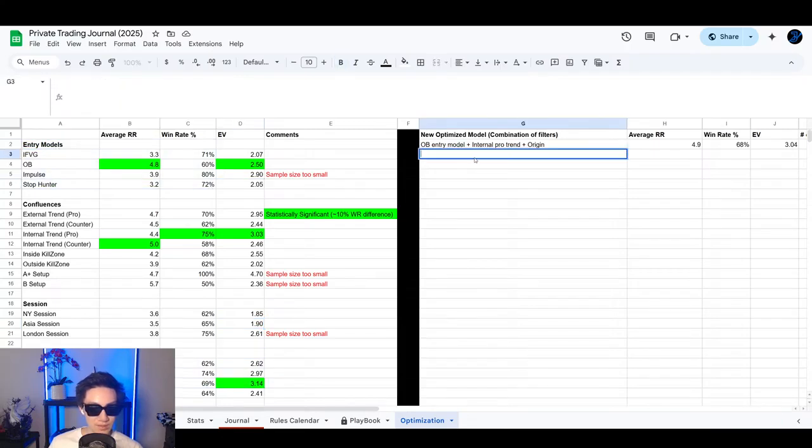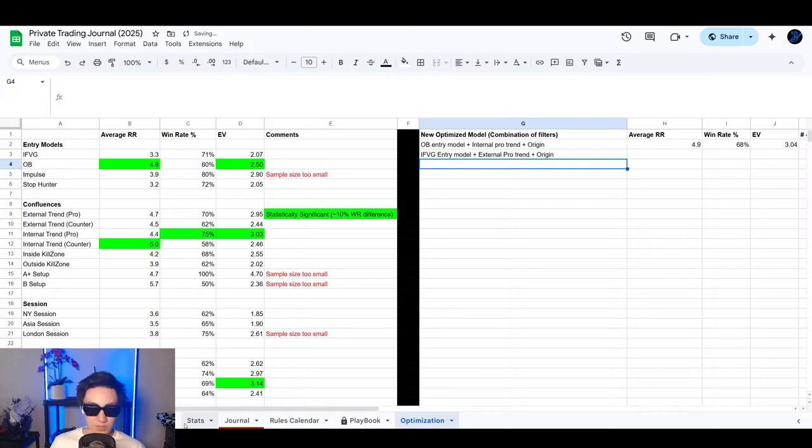Let's say you want to do something like, okay, here's a good example. Let's say you are someone that wants to take every setup and not miss trades. So you don't like waiting for a retracement for the OB entry model. You like IFGs. So IFG entry model plus confluence of, let's say, let's try the second highest here, so 2.95 external trend pro trend plus, let's say you want to take it just off the origin.